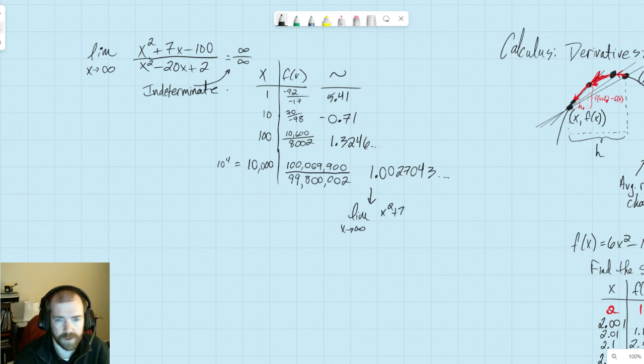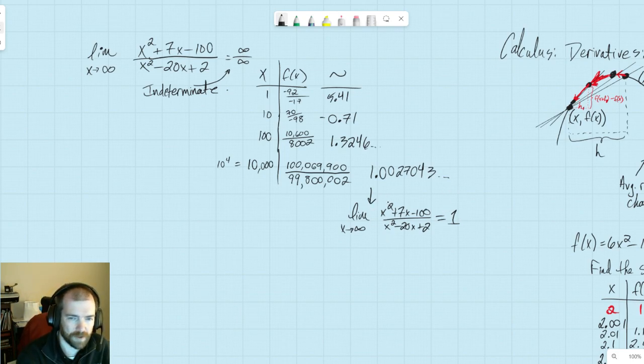So x squared plus 7x minus 100 over x squared minus 20x plus 2. Now, you probably knew this anyway, if you've taken pre-calculus already, because you look at the leading coefficients of polynomials of the same degree.